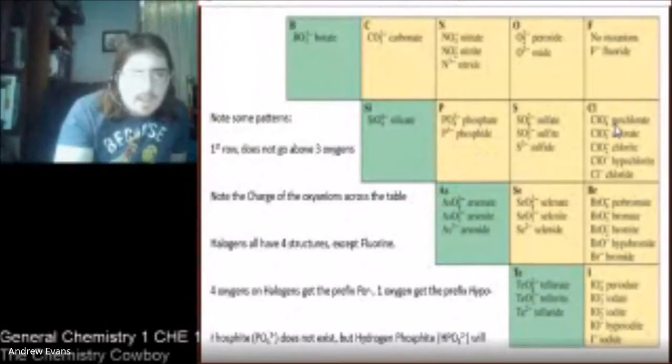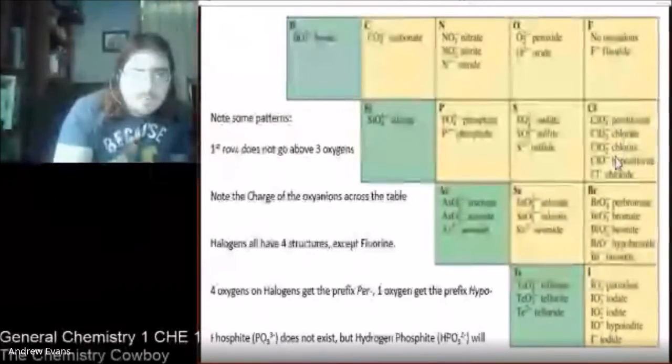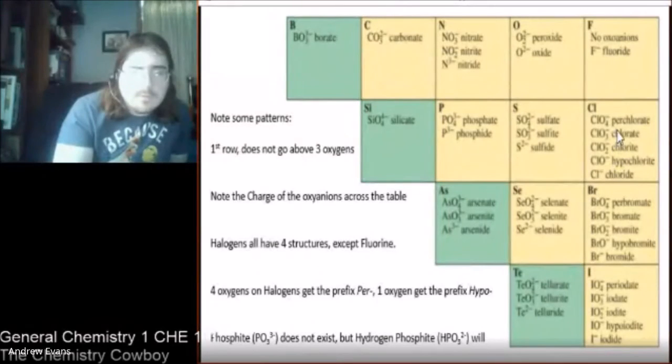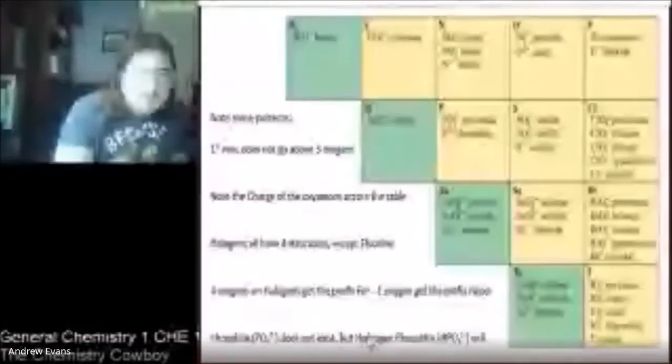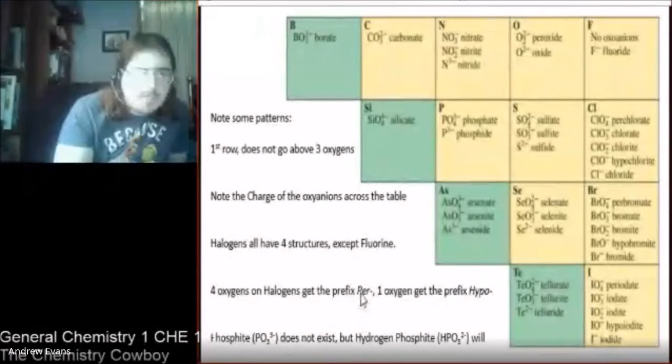Now, the halogens, except for fluorine, have 4 possible structures. So instead of just chlorate and chlorite, we have to specify the difference between all 4. We use per and hypo to differentiate these 4 structures. This comes from biology. Hyper, which we shorten to per in this case, means above.